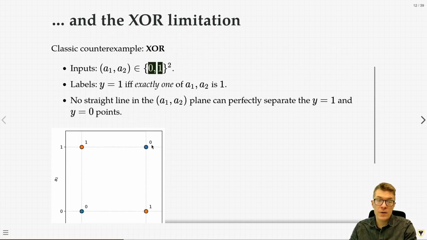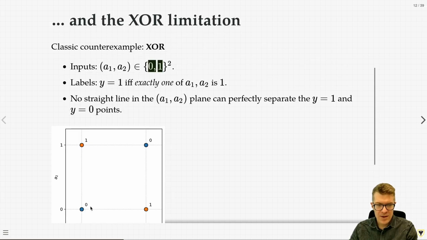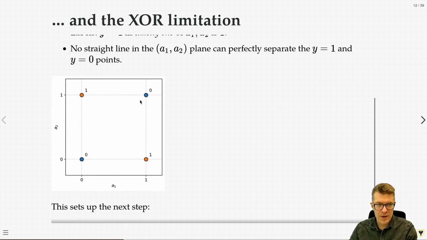If you want to learn the function AND, which is not this graph over here, the outputs would be 0 in all of these possible configurations, except the output will be 1 if both A1 and A2 were 1. So it would be all 0 except the 1 over here. And as you can tell, you can draw a straight line separating that 1 from all of the zeros.